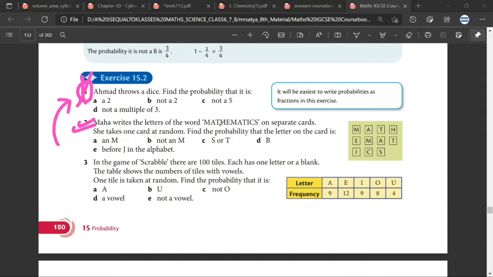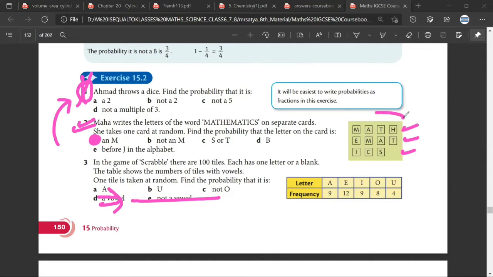Maha writes the letters of the word mathematics on separate cards. So, Satya, these are the letters of the word mathematics. Have you understood this? Okay. Now, I think it will make sense to you. She takes one card at random. Find the probability that the letter on the card is an M. So, how many M's are present here? 2.